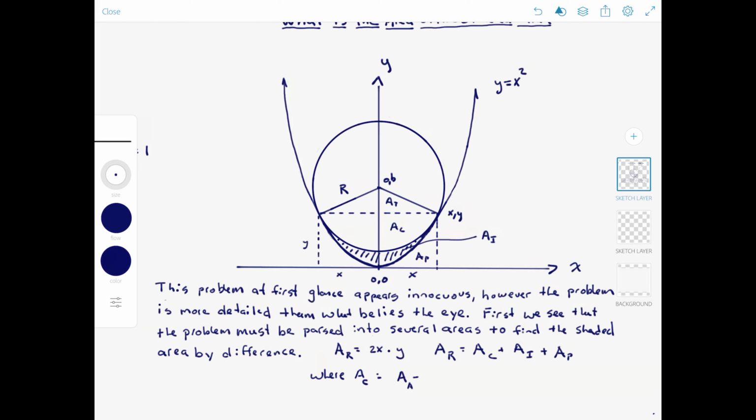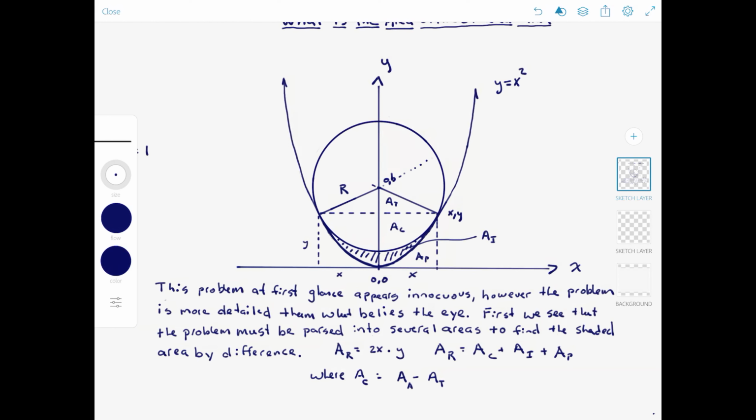And so when we rearrange algebraically, we can find that area AT, or that area that we call the shaded area.